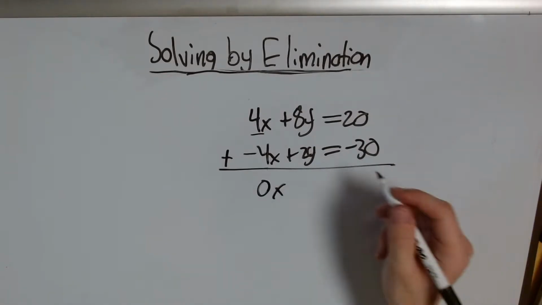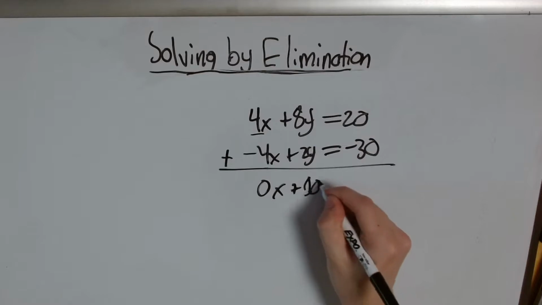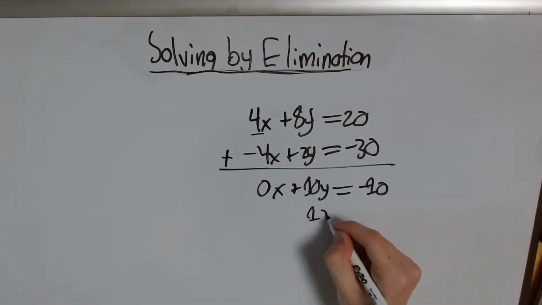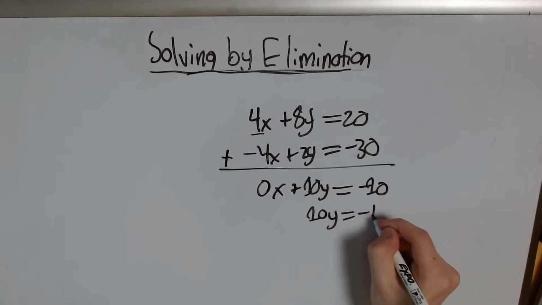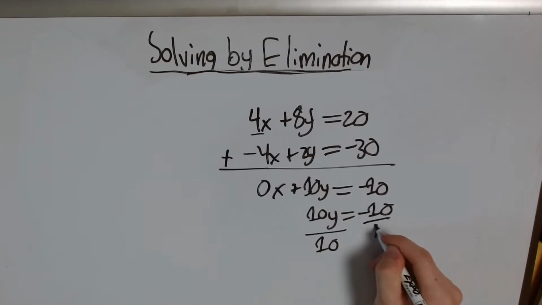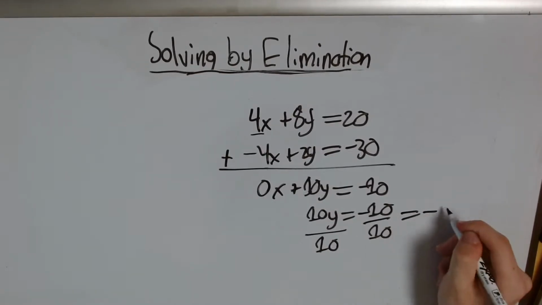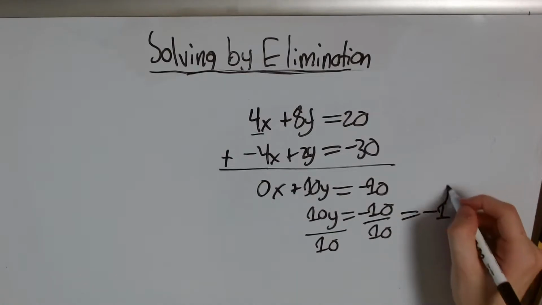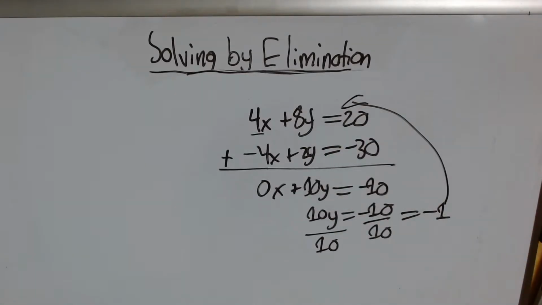So I'm left in terms of y. 10y equals negative 10. And now it's really easy to solve. I just divide by 10 on both sides. And I get y equals negative 1. Really simple. And of course, if I wanted to find x, I plug it back into my original equation and solve from there. But very, very easy.